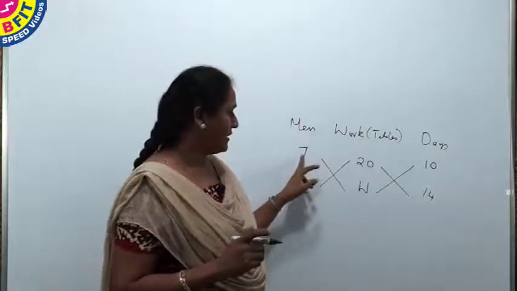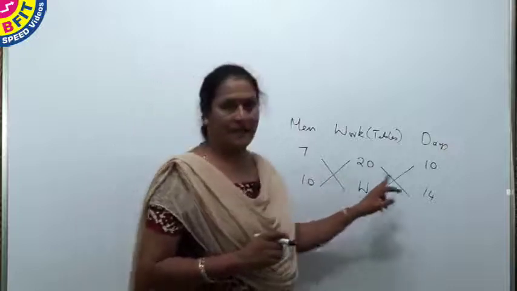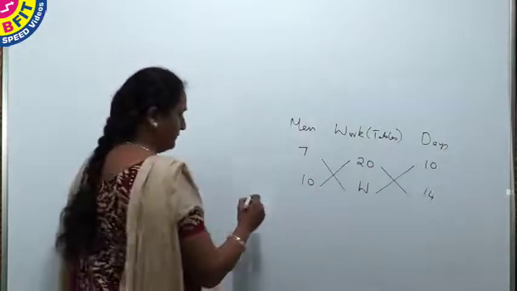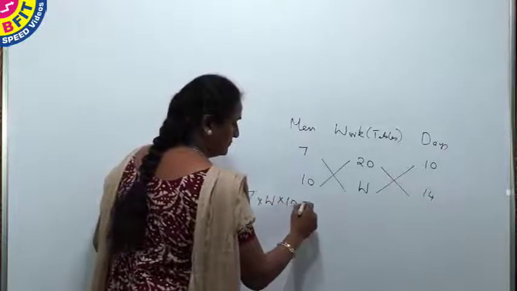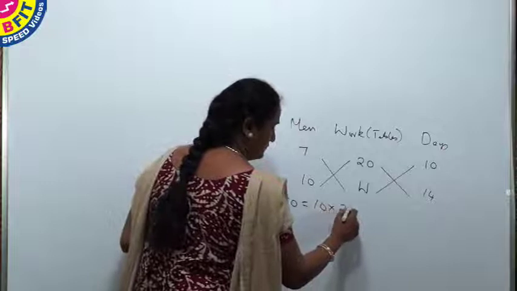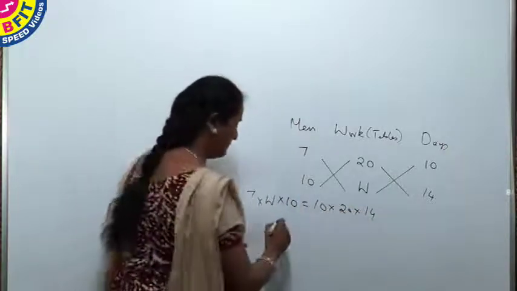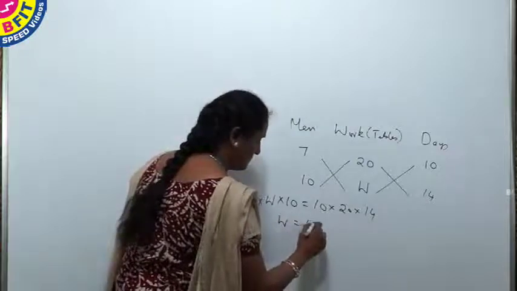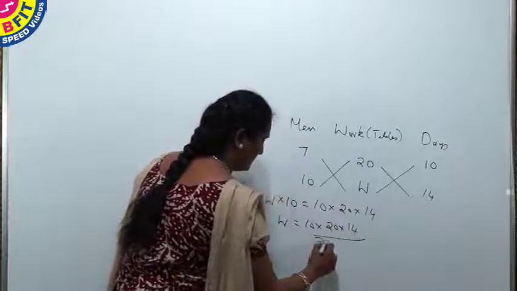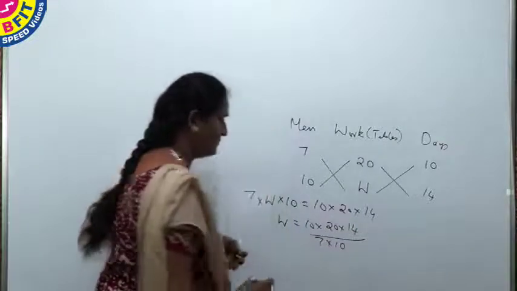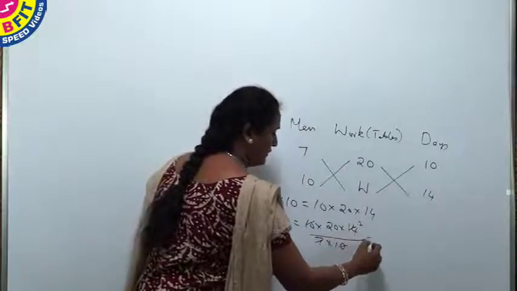So product of 7 and W and 10 will be equal to product of 10, 20 and 14. And now solving this, cancelling this 10, 2, so we get 40.